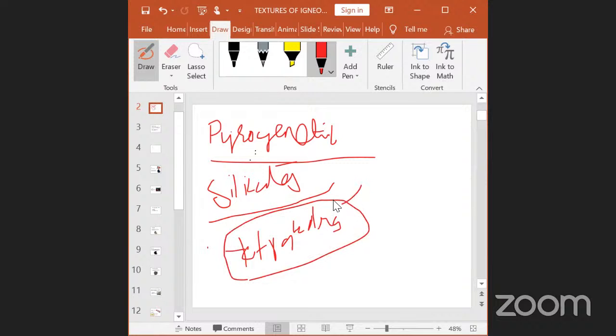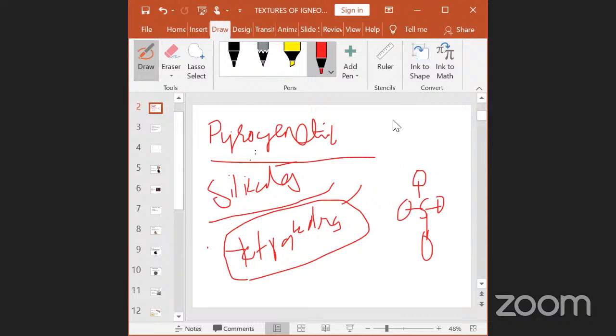This tetrahedra has a silicon atom at the center and 4 oxygen atoms at the 4 corners.